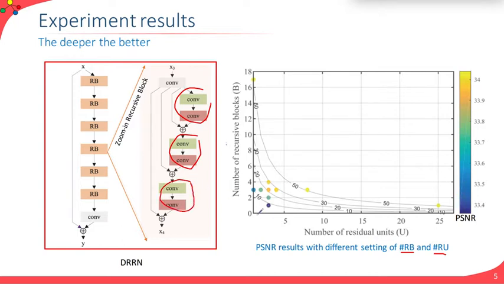As you can see, when we increase the residual units, we have higher PSNR, and when we increase the number of recursive blocks, we also have higher PSNR. So the deeper the better in super resolution is still true.